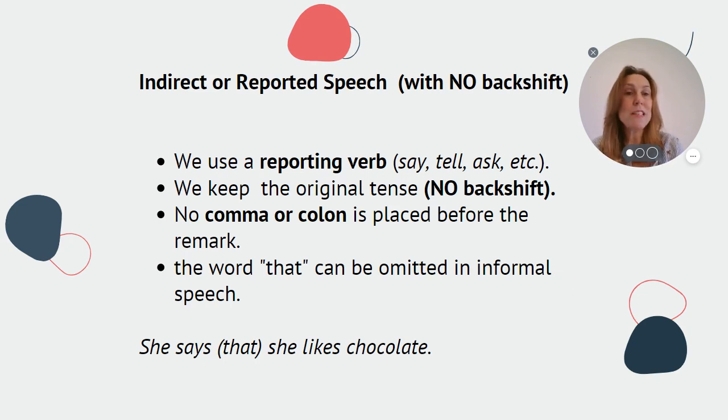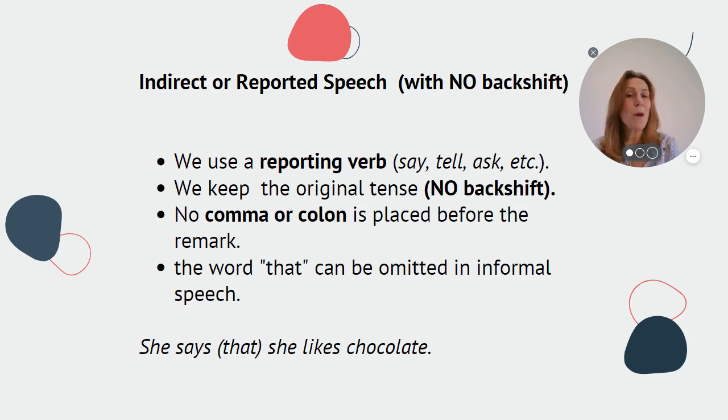Of course, depending on the situation, we could say she said that Ben was her boyfriend, right? Or when somebody is reporting something that somebody usually repeats and says, or remarks that people make very often, like, for example, Bill says he will never get married.